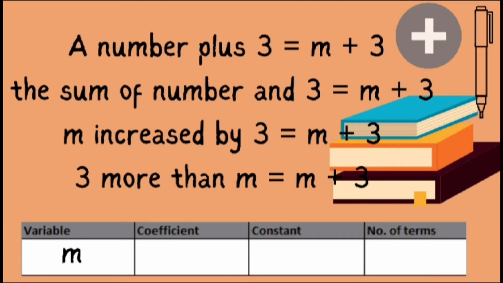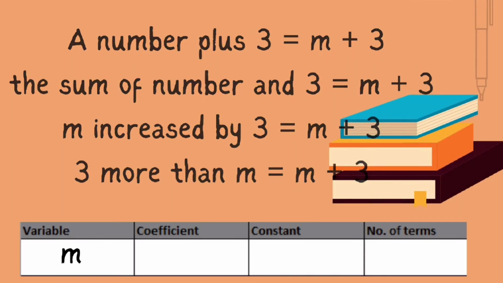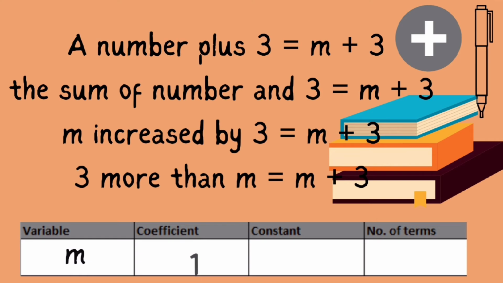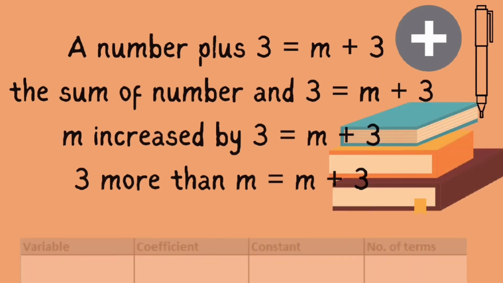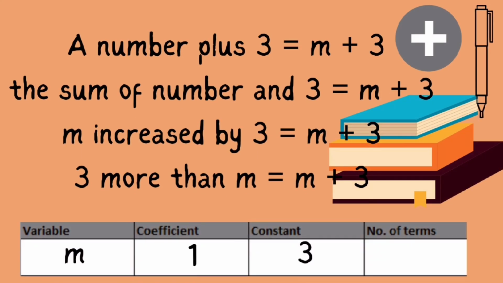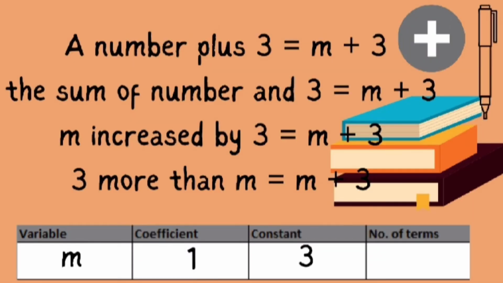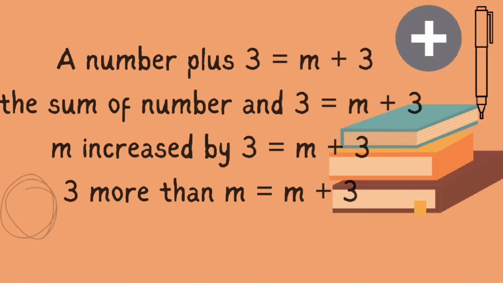A variable that does not have a number beforehand has a coefficient of 1, because it means 1 times m, which is equal to m. So the coefficient here is 1. The constant here is 3. And let us count the number of terms. Since the algebraic expression is separated by a plus sign, our terms here are m and 3. So we have 2 terms.